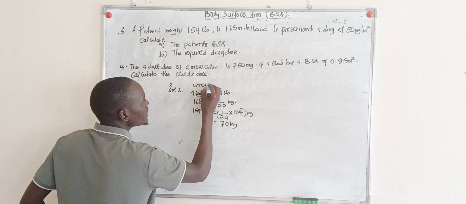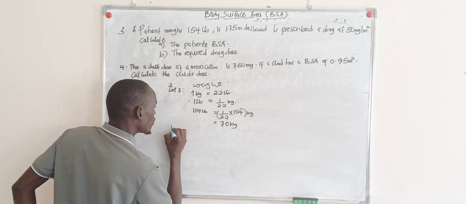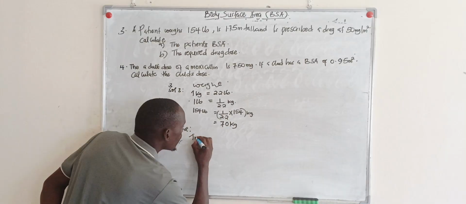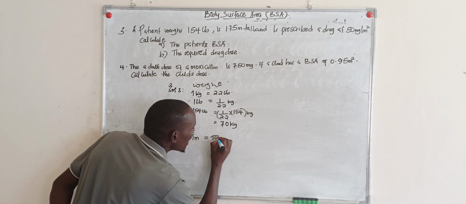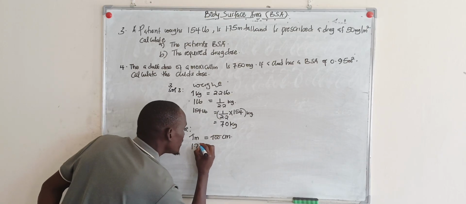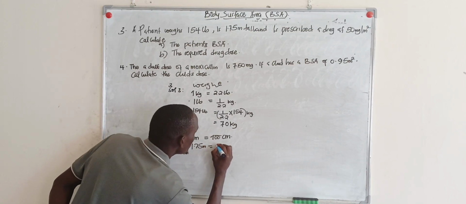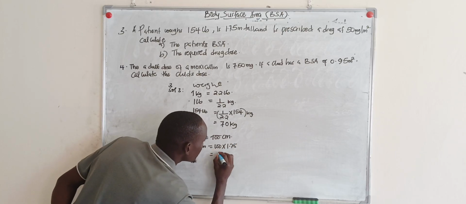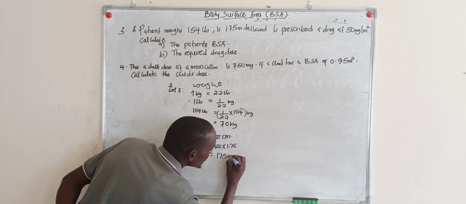This has been weight. So height, we know that 1 meter is equivalent to 100 centimeters. How about the 1.75 meters? It will be equal to 100 times 1.75, which gives us 175 centimeters.